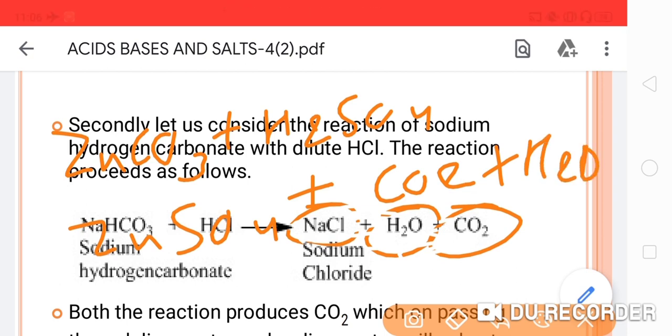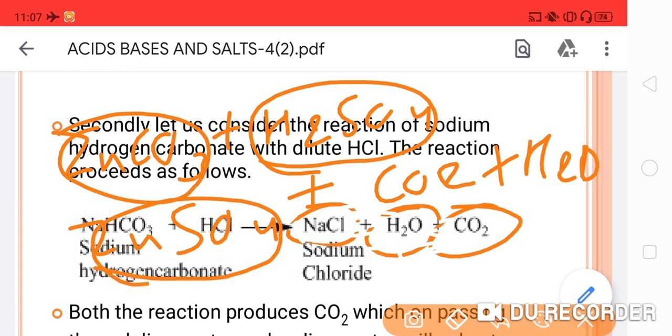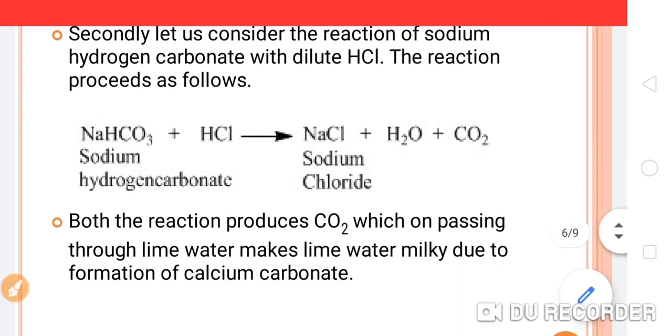Okay, so here this is a metal carbonate and this metal carbonate is reacting with acid, that is sulfuric acid, and you are getting the respective salt, that is zinc sulfate, and carbon dioxide gas will evolve and water will form during the chemical reaction.